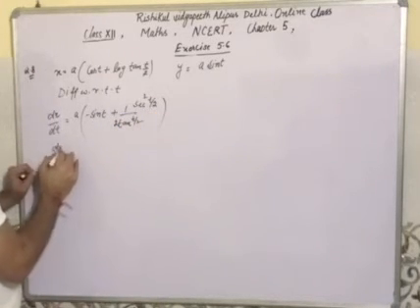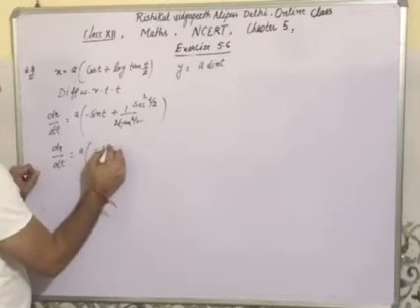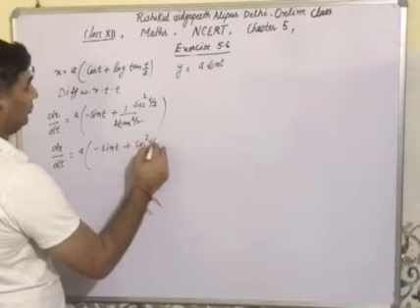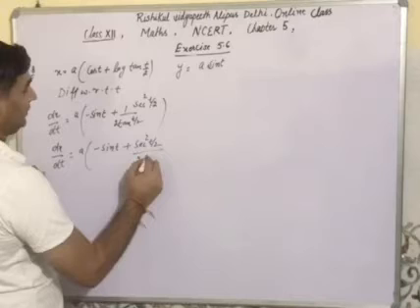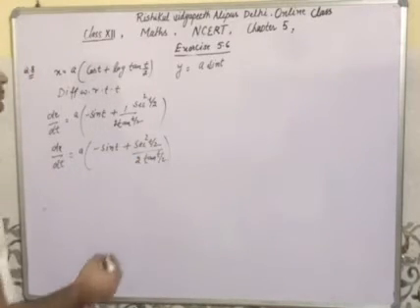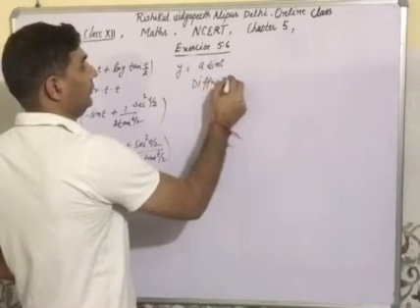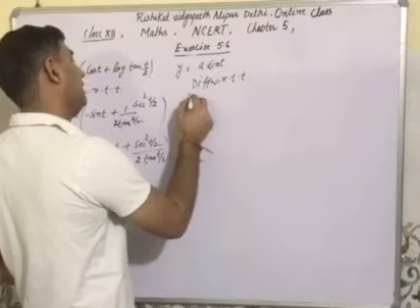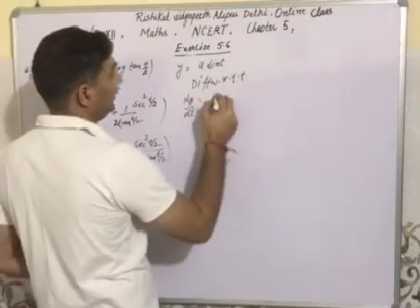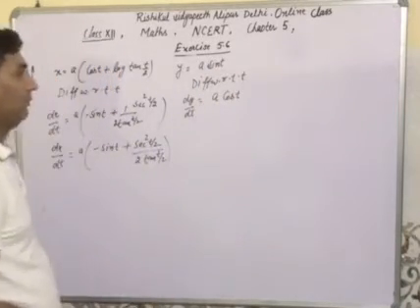Then dx upon dt is equal to a into minus sin t plus sec square t by 2 upon 2 tangent t by 2, and then differentiate with respect to t, dy by dt is equal to the derivative of a sin t, cos t, then t is 1.